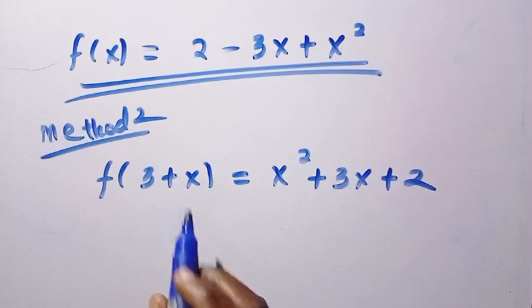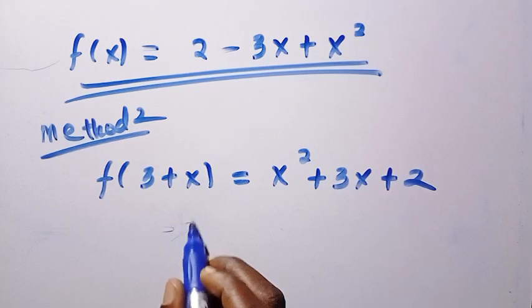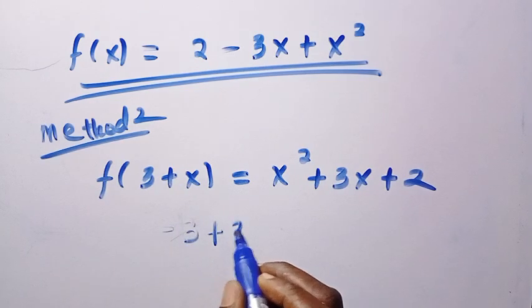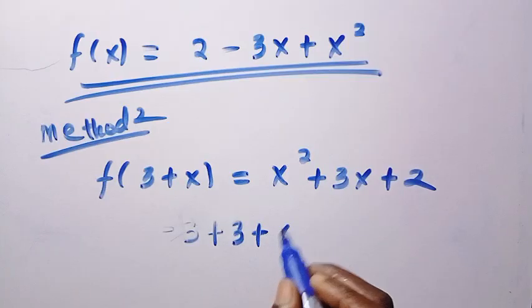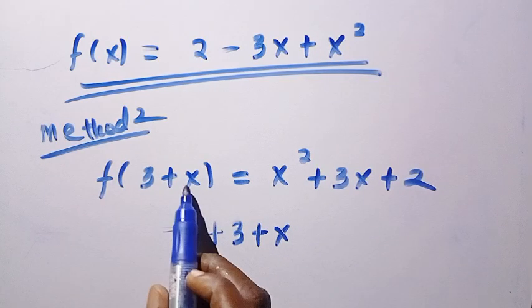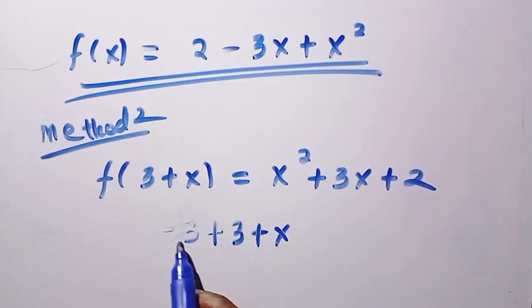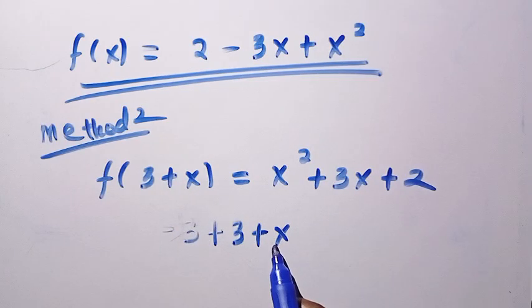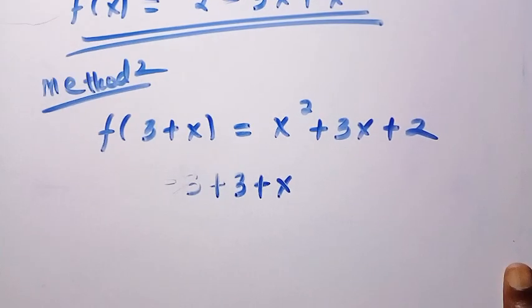What can make this become x is when we have minus 3 plus 3 plus x. That is, I'm changing every single x to minus 3 plus x. That is the only thing that can make this one become f of x.